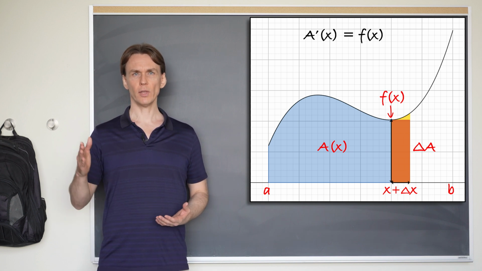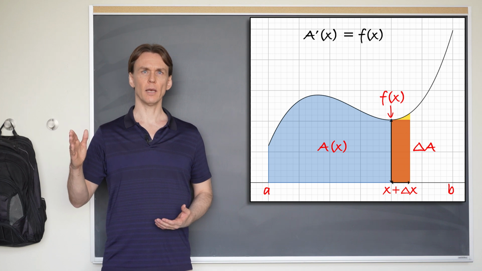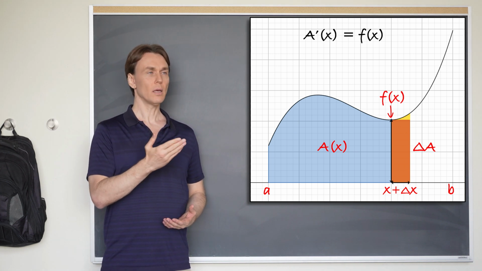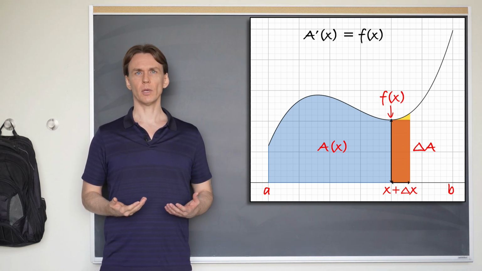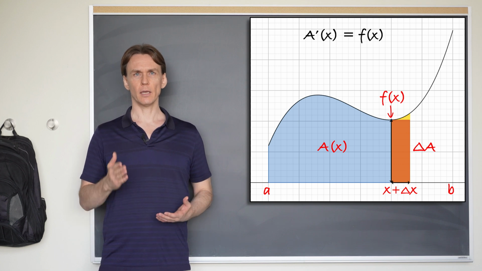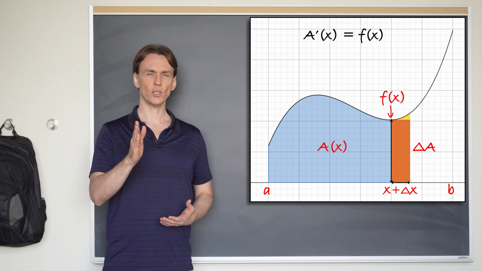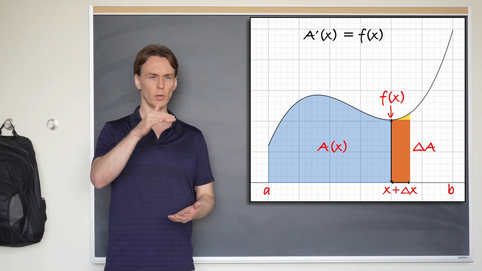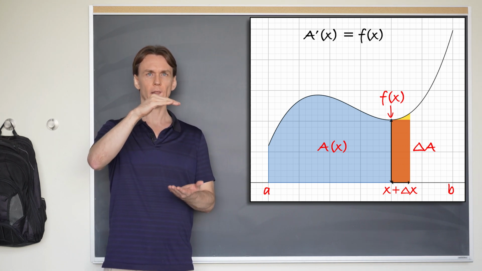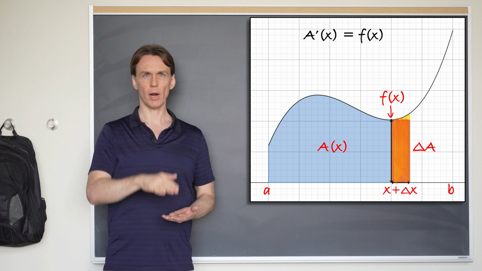And of course, if you think about this process of painting this area left to right, this statement is very natural because it just says that the rate of change in this area is exactly equal to the height or the length of your next brush stroke.